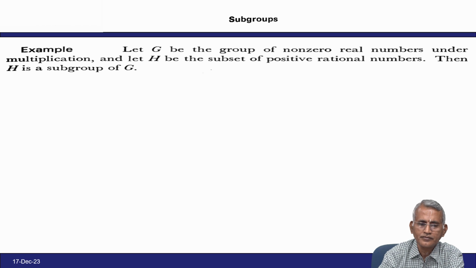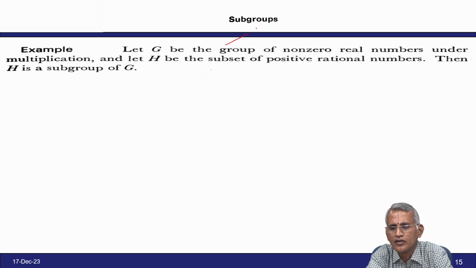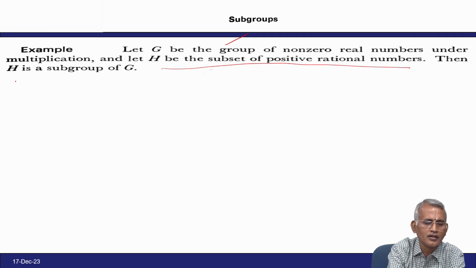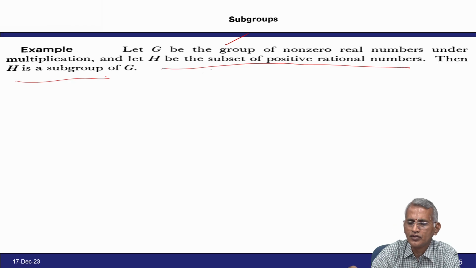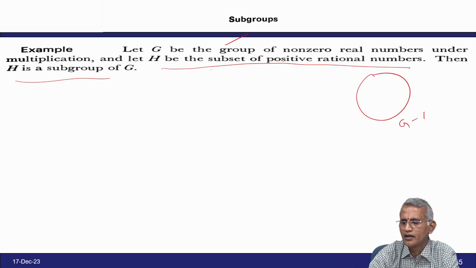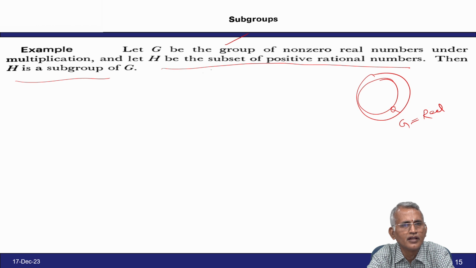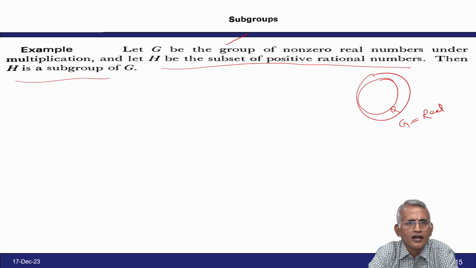Next example: let G be a group of non-zero real numbers under multiplication, and let H be the subset of positive rational numbers, then H is a subgroup of G. G is the real numbers, and the rationals are a subset of R. Obviously, it is a subgroup of G. We already discussed the number system, and we can easily check that the rational numbers form a subgroup of G, because G is a group.